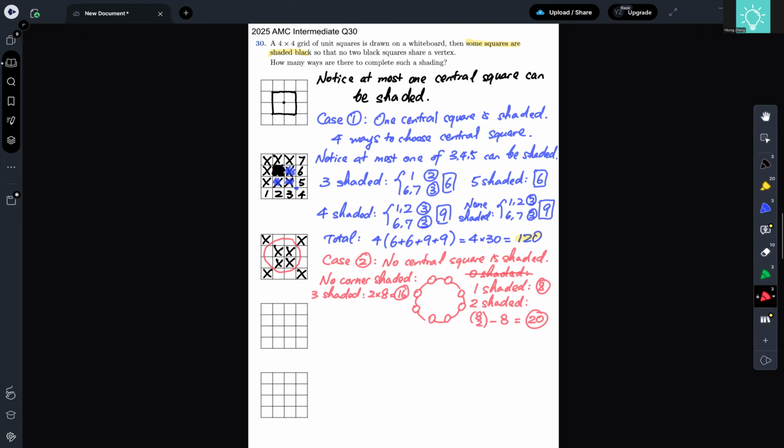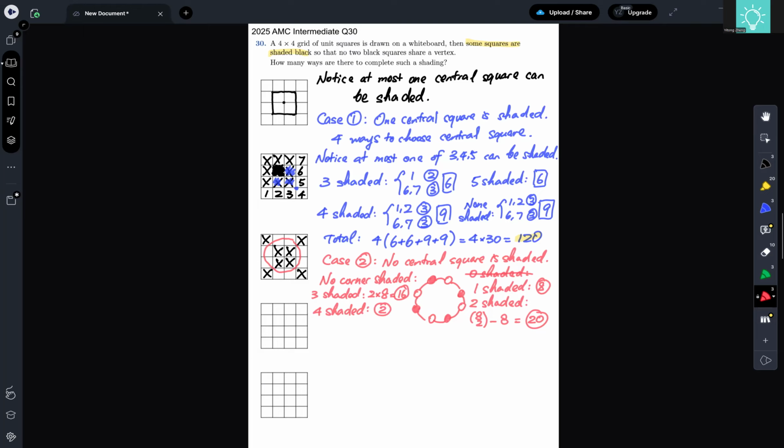There's no other option. What happens if 4 are shaded out of the 8? Well, if 4 are shaded, it has to alternate between shaded and not shaded because no 2 consecutive can be shaded. It has to be either this way or you shade the ones that I didn't shade. So there's 2 different ways there.